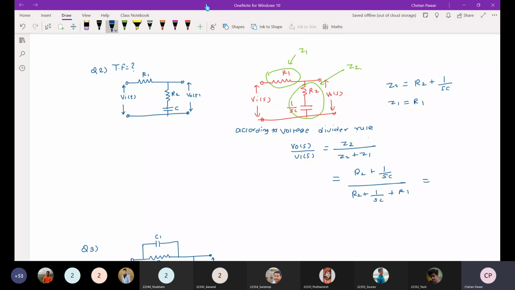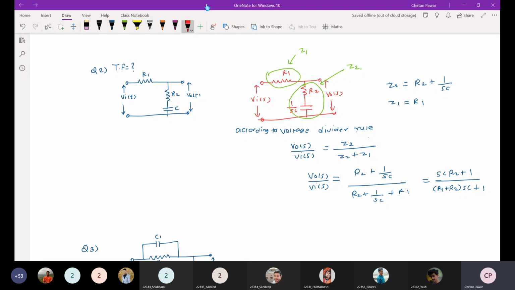Now if you simplify this, SC R2 plus 1 upon R1 plus R2 into SC plus 1. This will be the transfer function of the system.